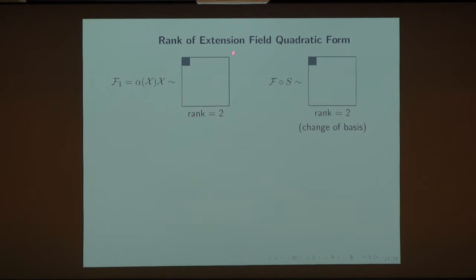So I chose to draw these matrices in the basis most conducive to understanding, which isn't necessarily equal to what it says to the left. So essentially composing with S doesn't change the quadratic form.